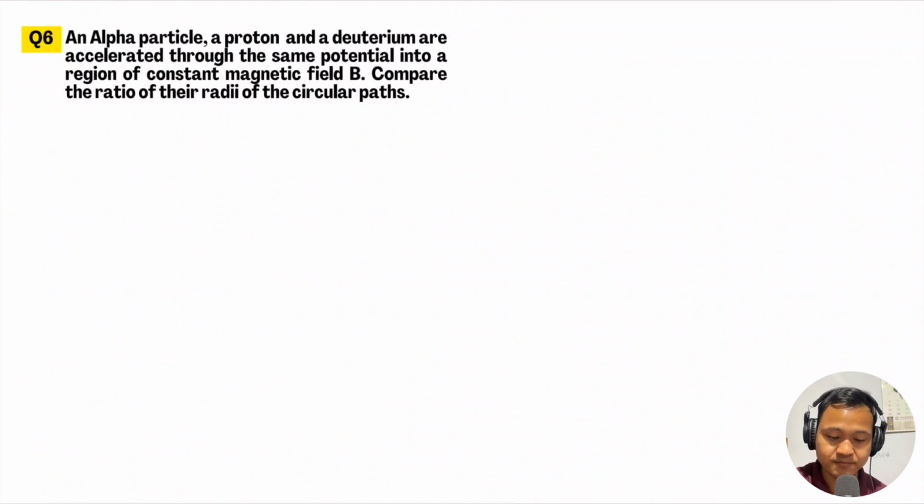One more case. Taking the same particles, I want the same potential difference. In terms of potential difference, the formula is root over 2m into q into V by qB.